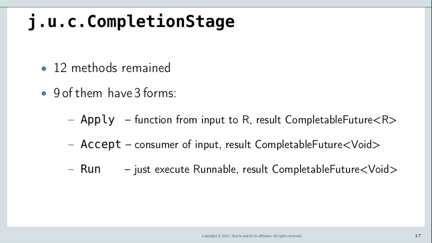Okay, 36 divided by 3, we get 12 methods to understand. And 9 of them have 3 forms: apply, accept, and run.